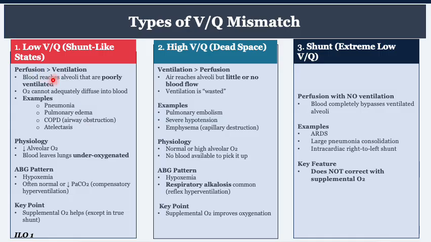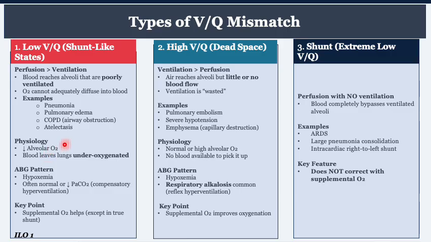In this state, you have greater perfusion than you do ventilation. Blood is able to reach the alveoli, but the alveoli are poorly ventilated, so oxygen cannot adequately diffuse into the blood. Examples of this are pneumonia, pulmonary edema, COPD, and atelectasis.